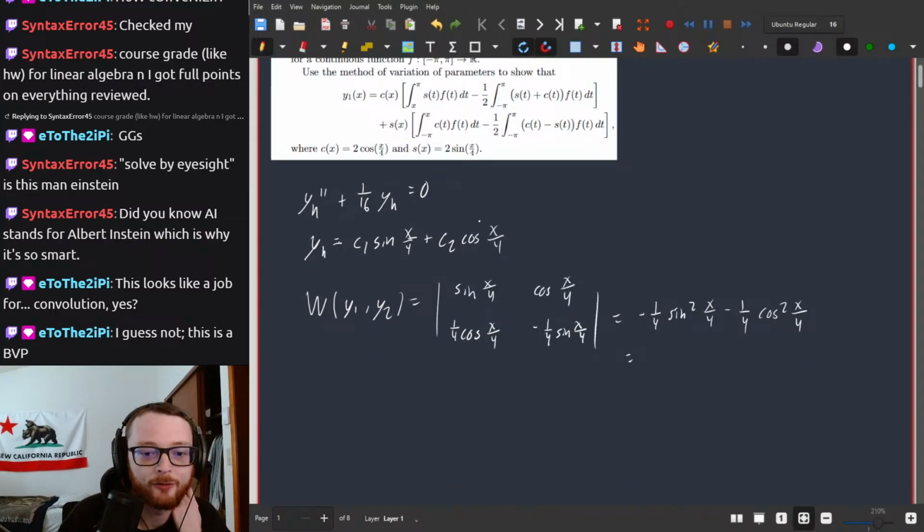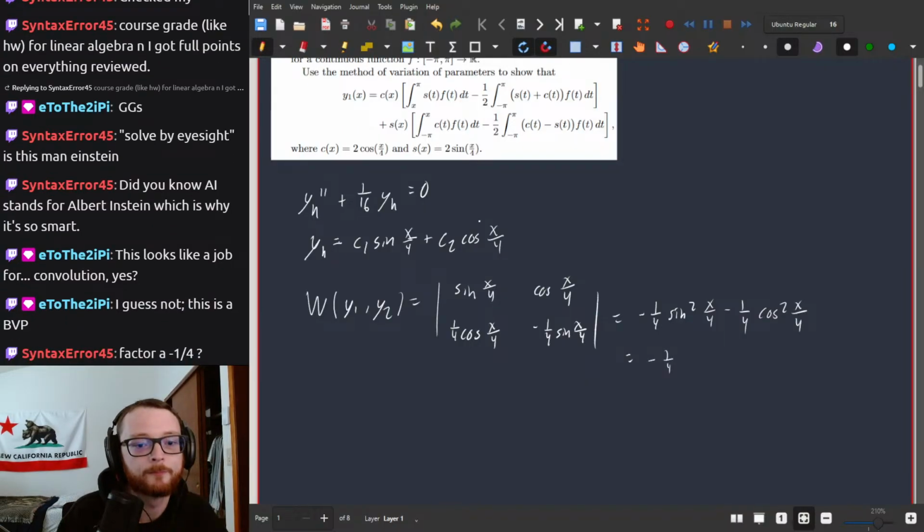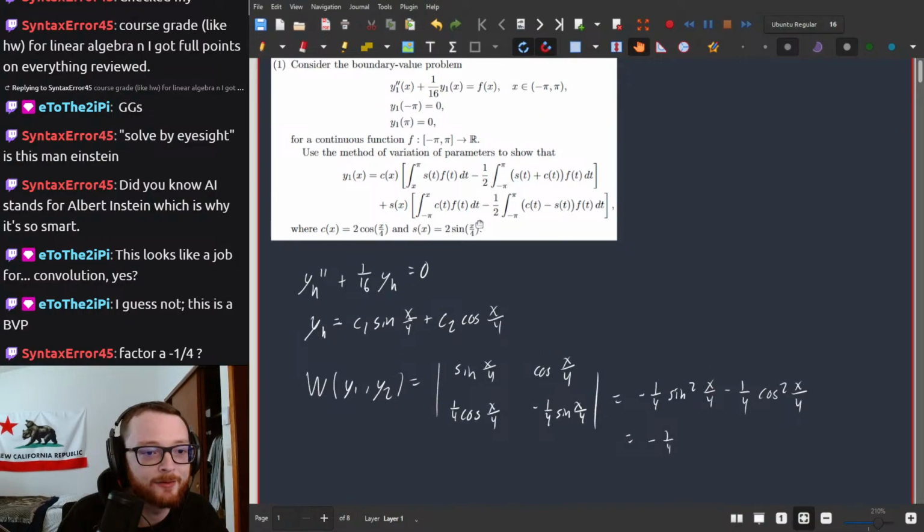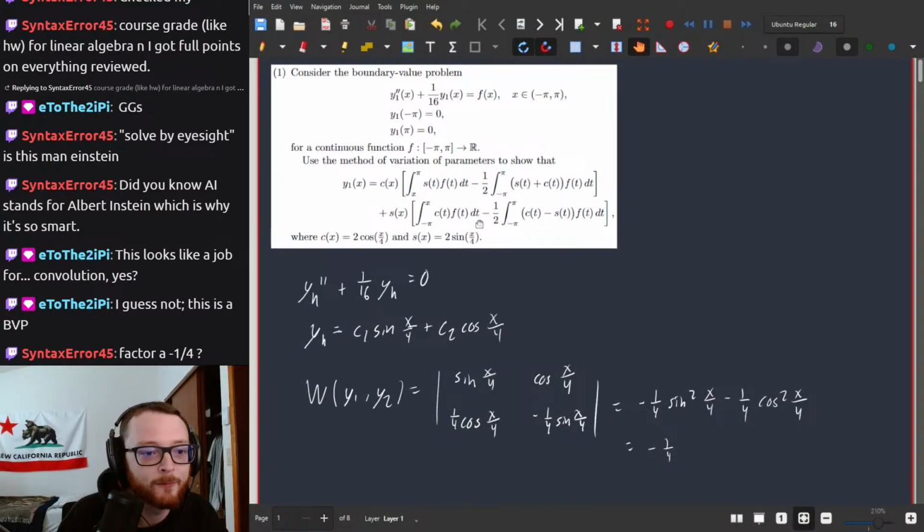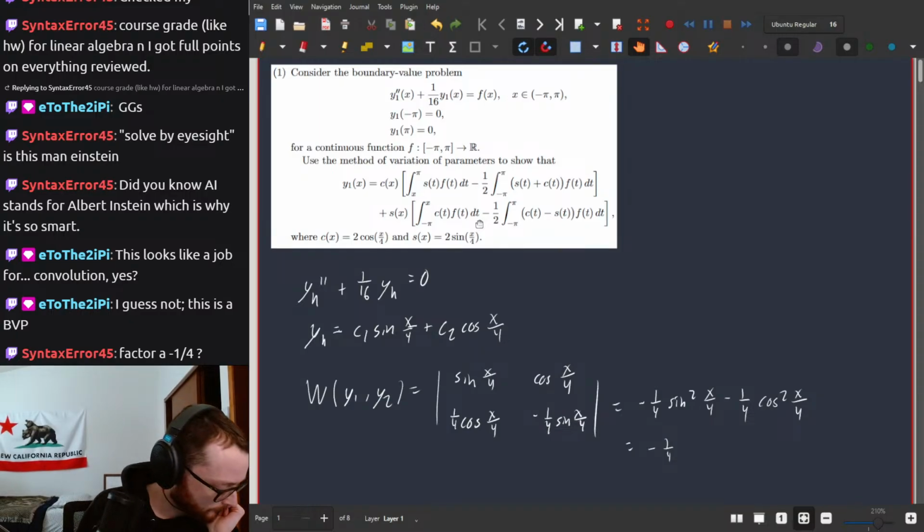They have the same sign. I was getting thrown off because they're both negative, but it's just negative 1/4. I just like to confuse myself. Okay, so that's our Wronskian. Not even a function, that's nice. Well, I guess it is a function, but it's a constant function.